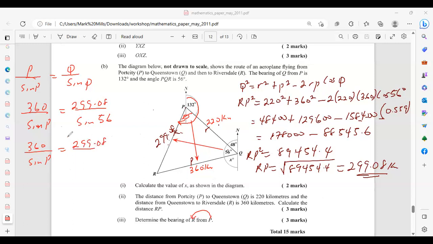What is sine 56, by the way? 0.829. So 0.829. Then what to do? We cross multiply. So we get 360 times 0.829 is equal to sine P times 299.08.